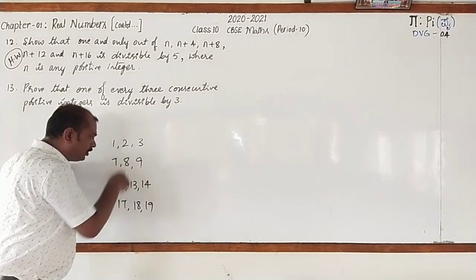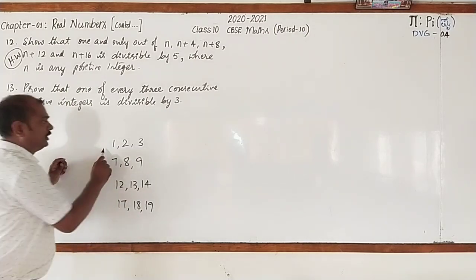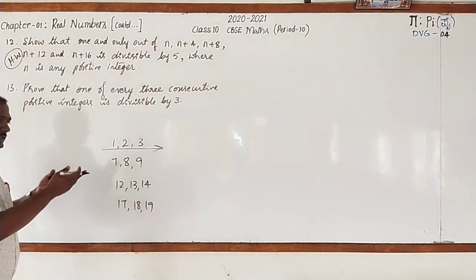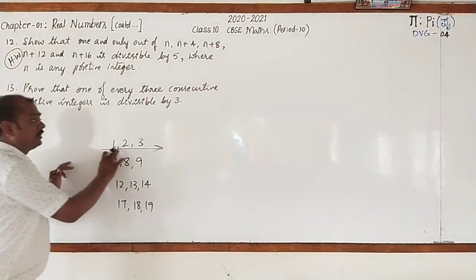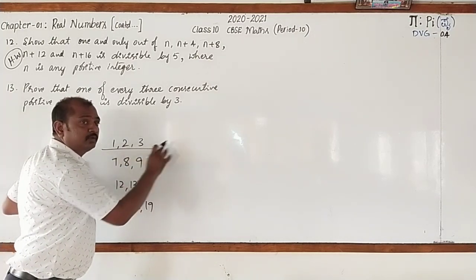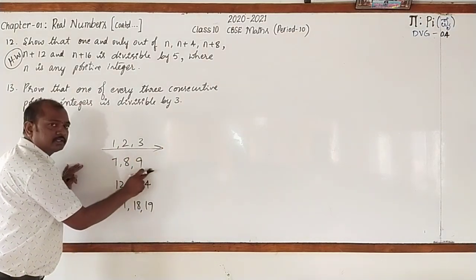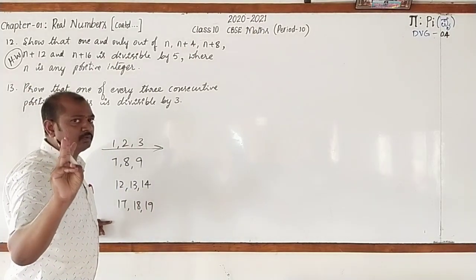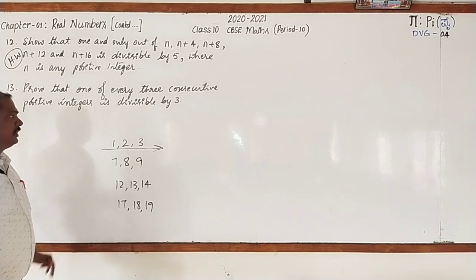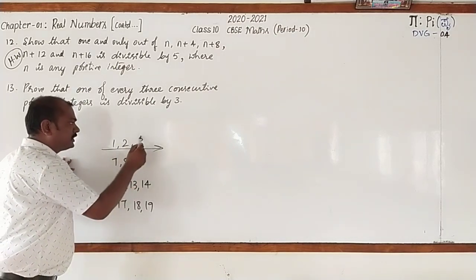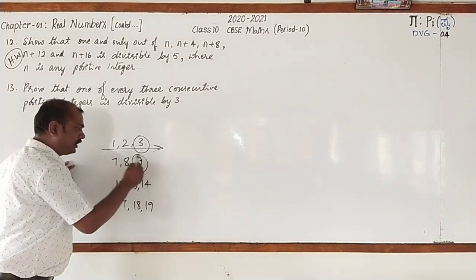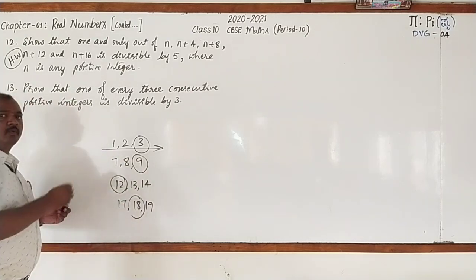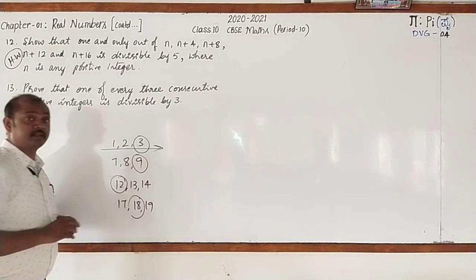Look here. When you observe all these numbers, what can you conclude? Are the first 3 continuous numbers? Yes. Hence, we can call them consecutive numbers. Here also we have 3 consecutive numbers. Clear? Out of these, you can notice that here 3 is there, here 9, here 12, and here 18. What do you say about the numbers which are encircled?